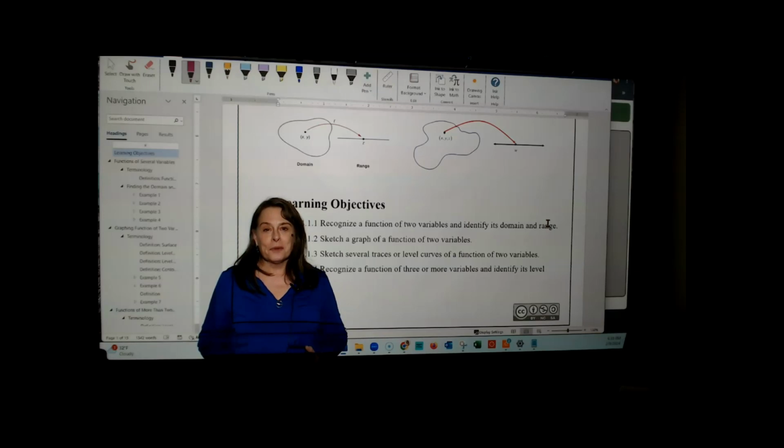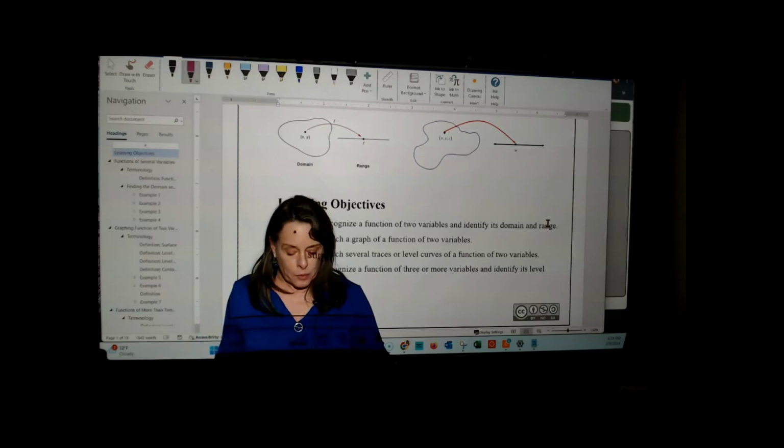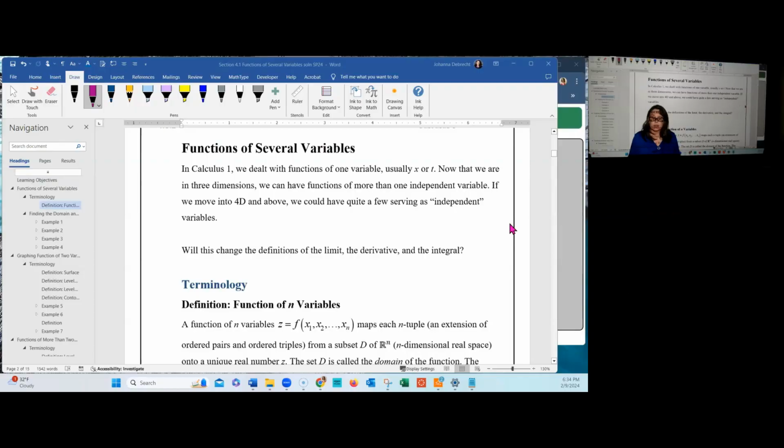Let me share my screen with you, and we'll get started in section 4.1, where we're going to talk about these functions of multiple variables. We've talked briefly about what a function of several variables is. Basically, we have more than one independent variable.